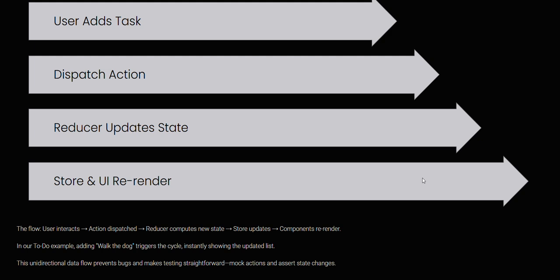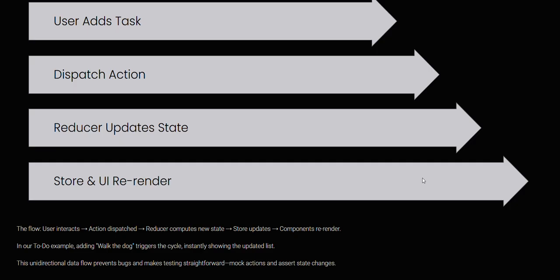The user interacts with the app, for example clicking the add to cart button. This sends an action describing what happened to the Redux store. The reducer receives the action and the current state, calculates the new state, and returns it. The store updates with a new state.